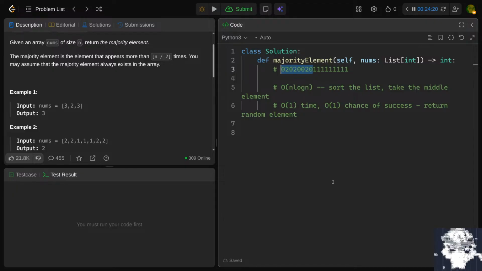But what am I actually doing when I'm skimming the whole thing and figuring out that more than half of them are a certain number? It's like I'm counting the ones that are that number, and I'm counting everything else together.